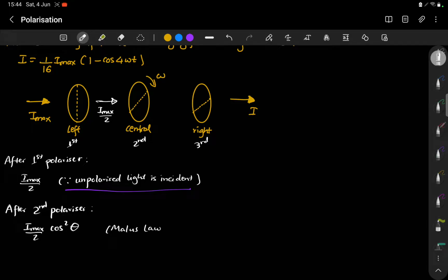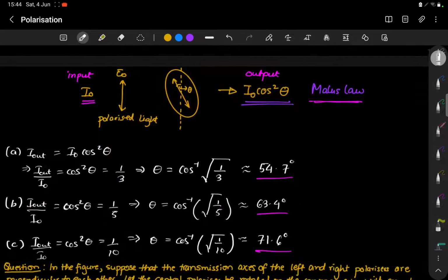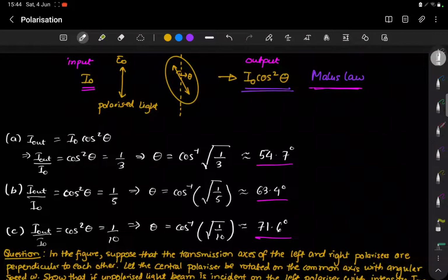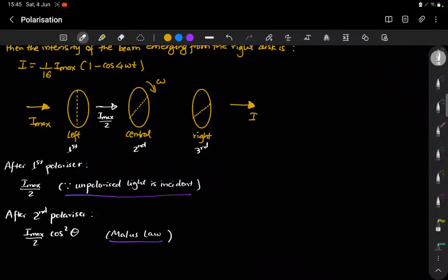We saw Malus law in the previous video. So Malus law we can recap. So this is the diagram explaining Malus law. Malus law states that if polarized light is incident on a polarizer whose transmission axis makes an angle theta with the incoming polarization direction, then the output intensity will be I naught cos squared theta, where I naught was the incoming intensity. This is what we are using here.